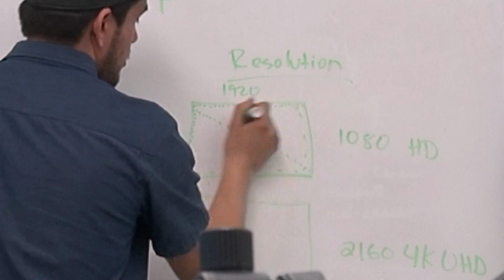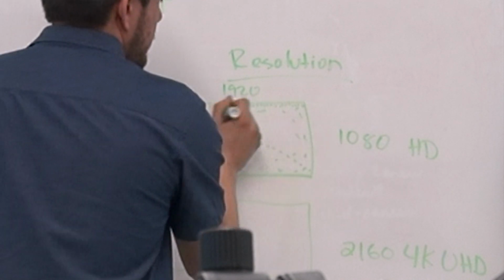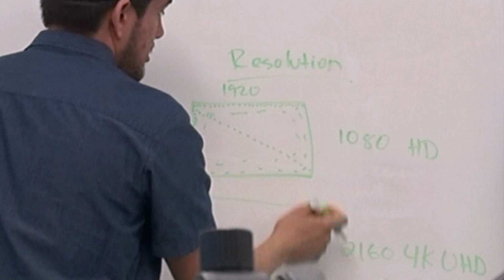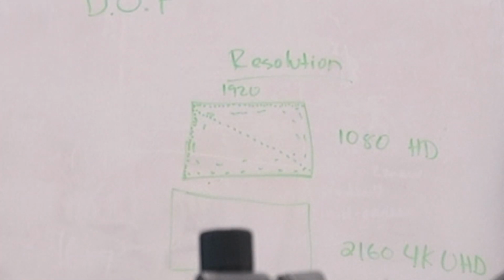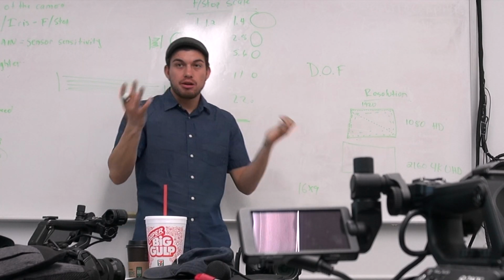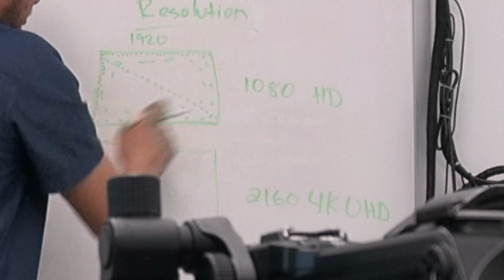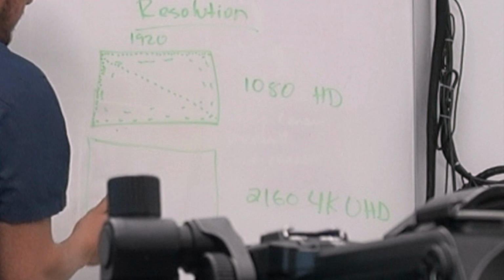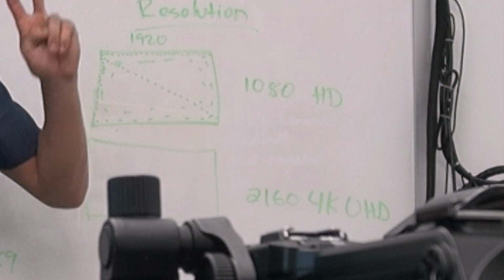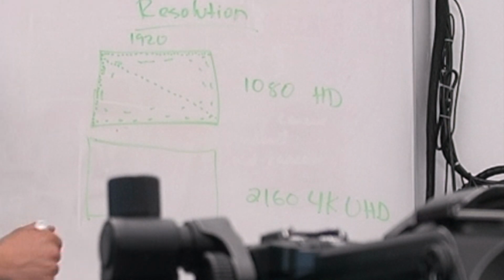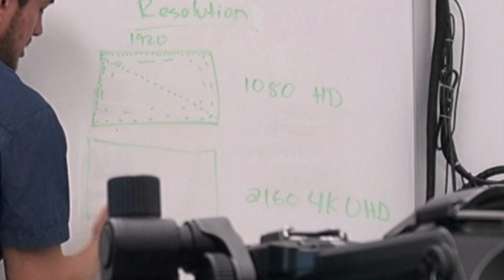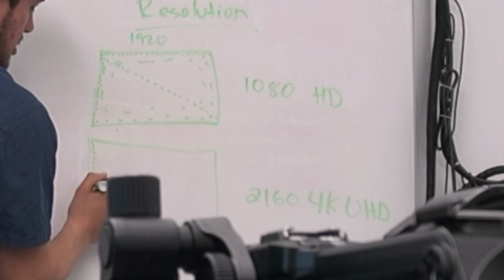I'm not going to draw them all, but 1920 this way, 1080 this way, that's millions of pixels that create the entire image. Over here, we have the same space, but we have twice the amount of pixels. So we have 2160 from here to here.